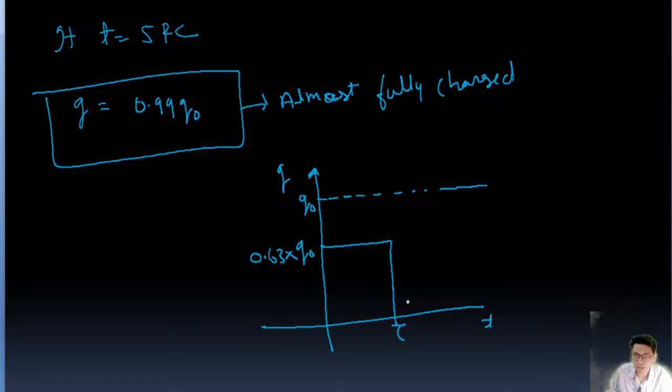So in that case this is tau, and tau is RC. The graph is going to be like this one.